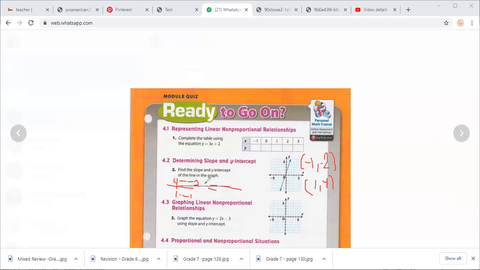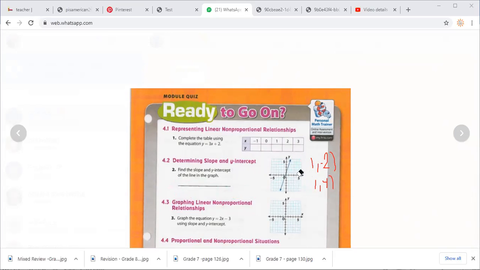Then 4 plus 2 will be equal to 6, and 1 plus 1 will be equal to 2. So the answer by the end will be equal to 3. By any way, once we choose any 2 points belonging to the line and use the formula to calculate the slope, it will give us the same answer.